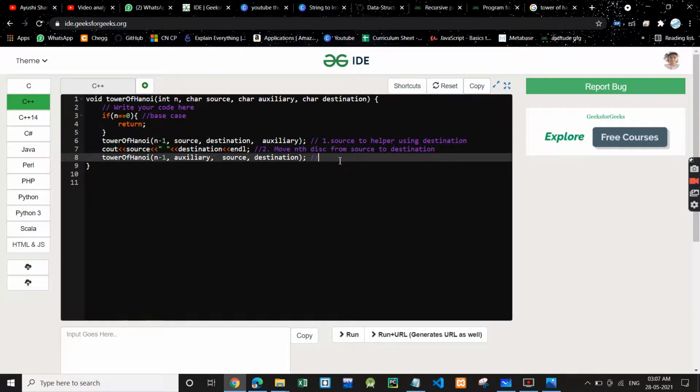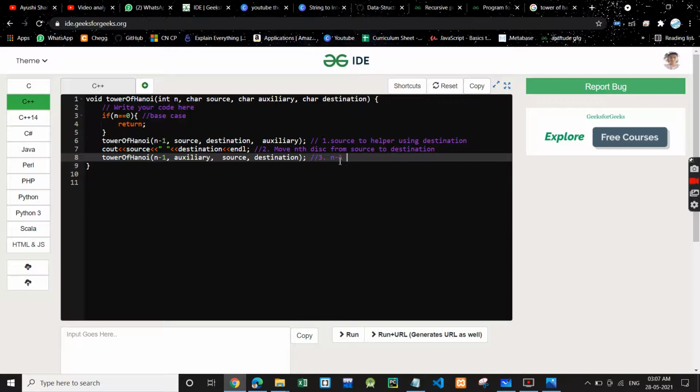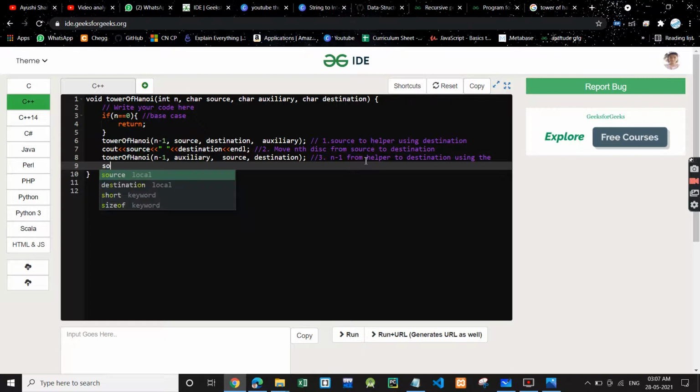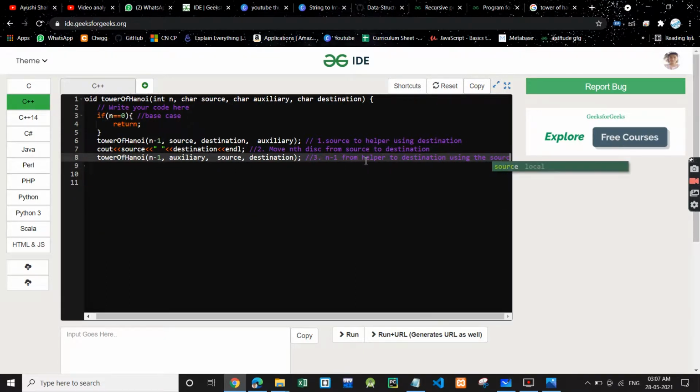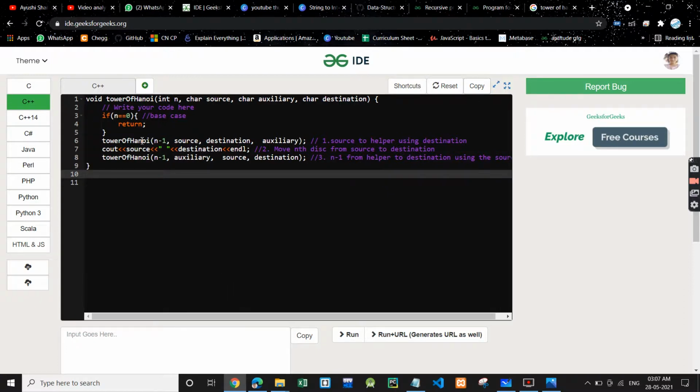And the last is again the recursive call, in which we are moving those n minus 1 disks which we placed at helper, from helper to destination using the source. That means the source is helper now, the auxiliary which is helping is source this time, and the destination is destination. So this was basically the code.